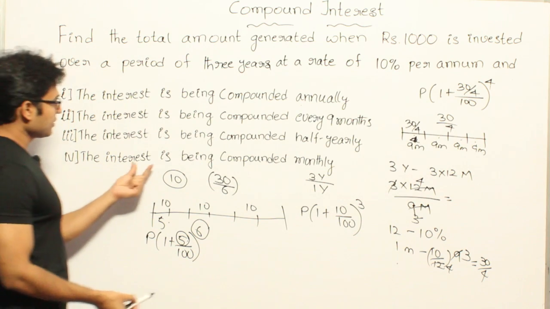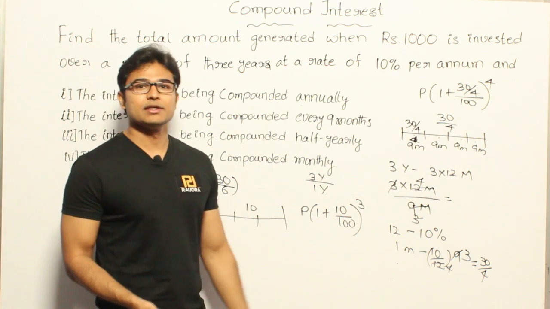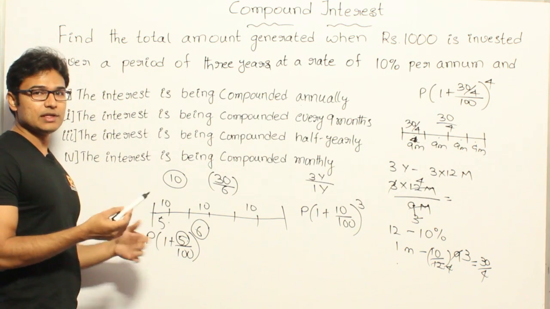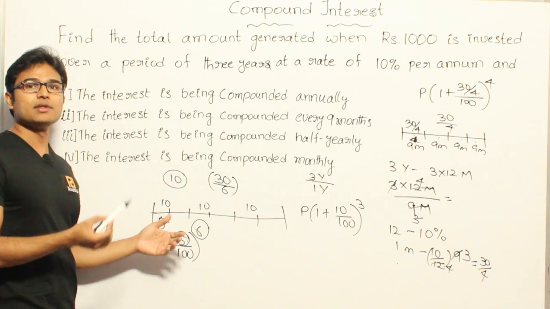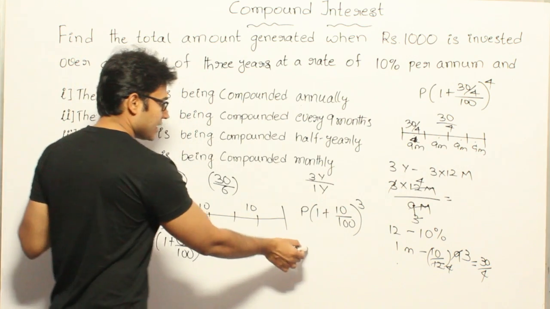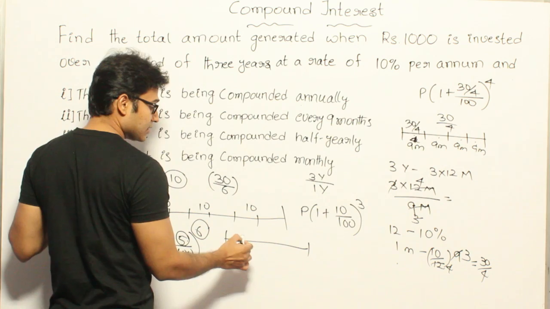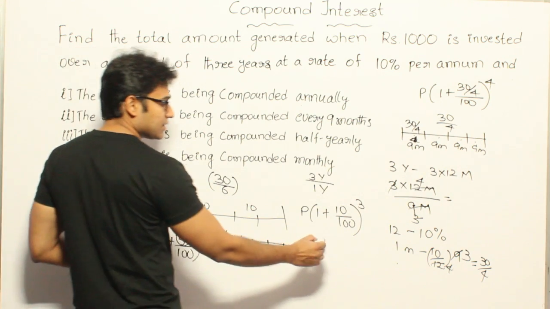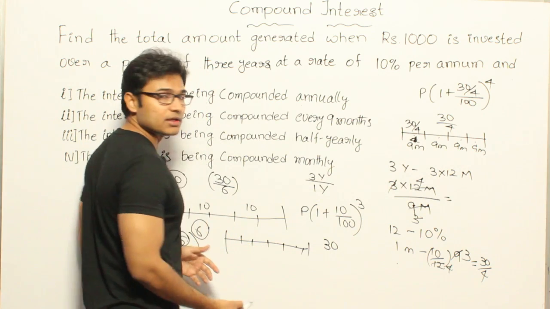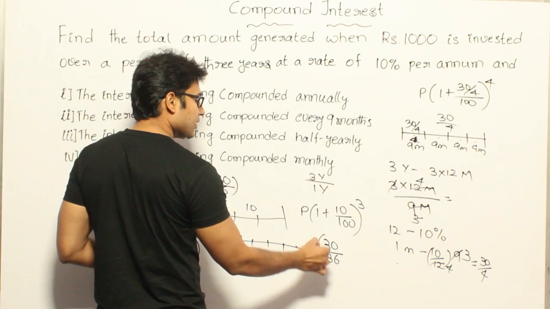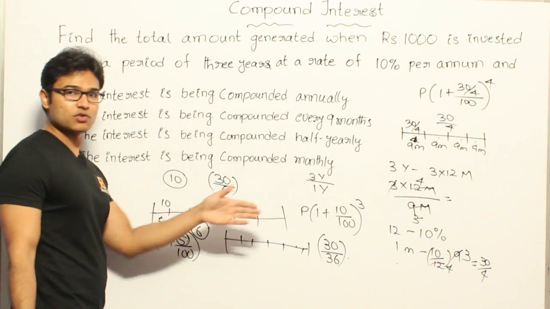And the next one is where the interest is being computed monthly. So you have to divide these 3 years into months. In 3 years how many months will be there? 36. Therefore you have to divide this entire 3 years into 36 parts, right? And the total rate is 30, and what is the rate per slot? 30 by 36, because there are that many parts.